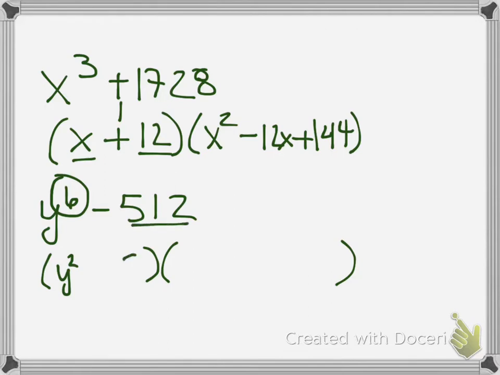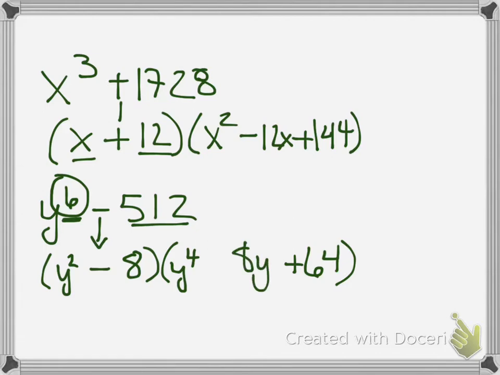The cube root of 512 is 8. These signs need to match. Then square the y squared to get y to the 4th. Notice y squared times y to the 4th gives you y to the 6. 8 squared is 64. And then you've got 8y, positive, because these signs should always be opposites. There you go. Keep that in mind.